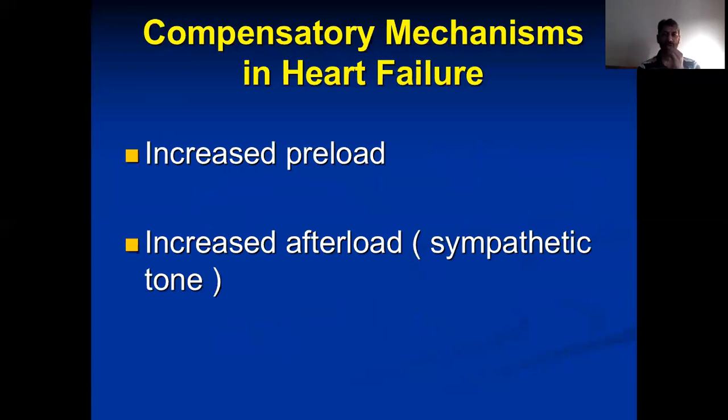And this pathophysiological mechanism, meaning adrenals, baroreceptors, increased sympathetic activity, the renin-angiotensin system, all lead to increased volume, that is increased preload state of the heart, and increased afterload, increased sympathetic tone, and similarly increased force of contraction, which also leads to exhaustion of the LV myocardium by means of tachycardia and overactivity.